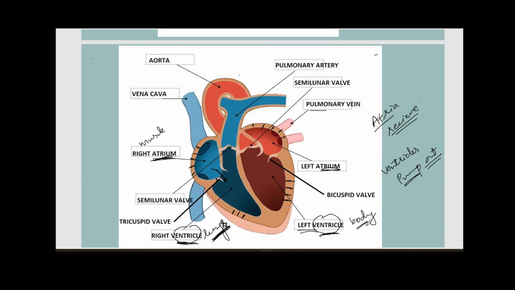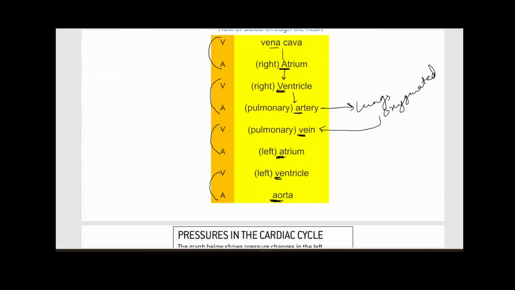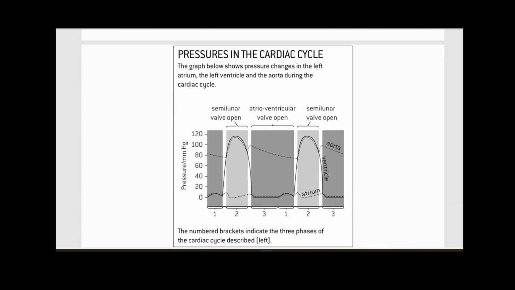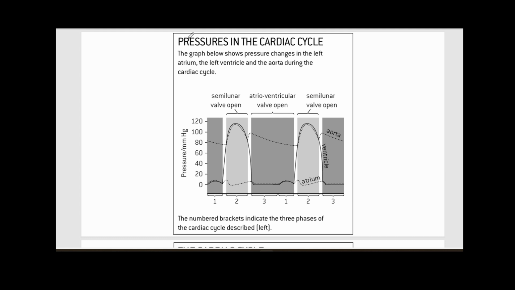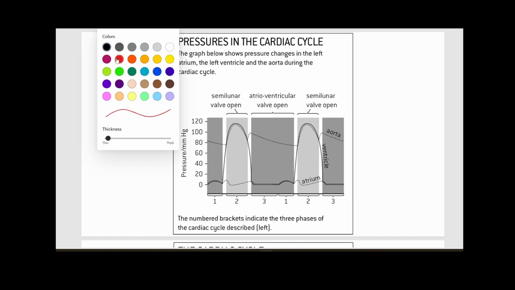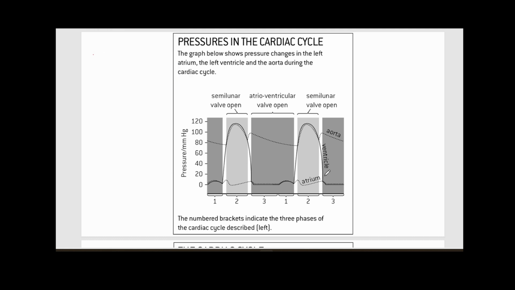Now, this part you have to remember when we are talking about the cardiac cycle, because there are pressure changes which you need to relate to the thickness of the walls of the atria and ventricles. So here, if you see on the x-axis, 1, 2, 3 and again 1, 2, 3.